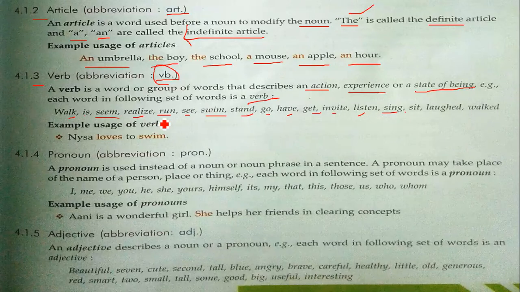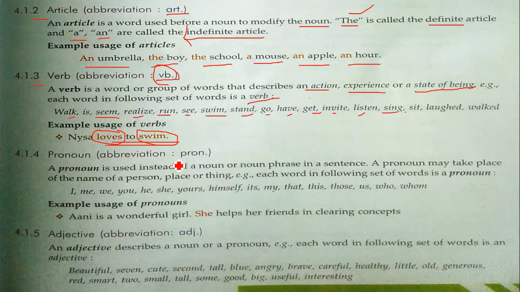So many. Like here, example of verb: Nyasa loves to swim. Swimming is also a verb, and to love, to swim. These are the two verbs.